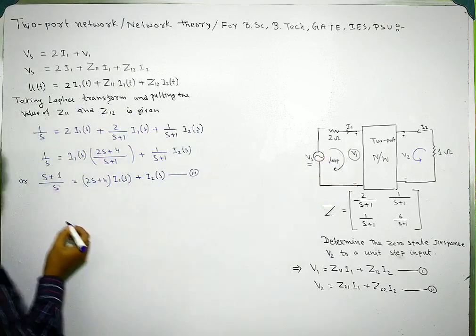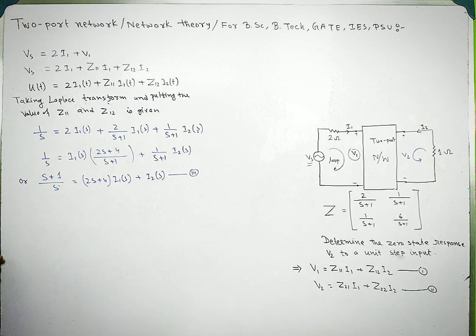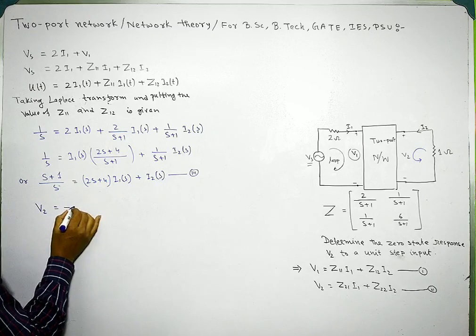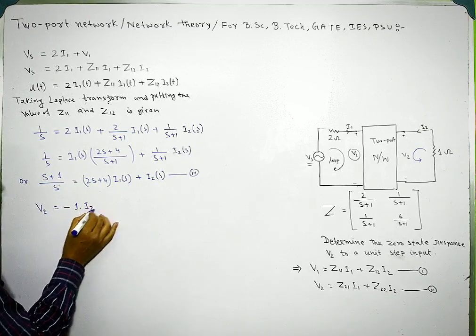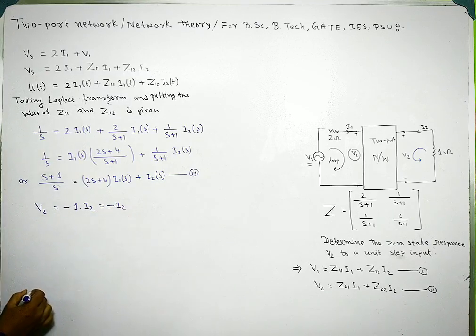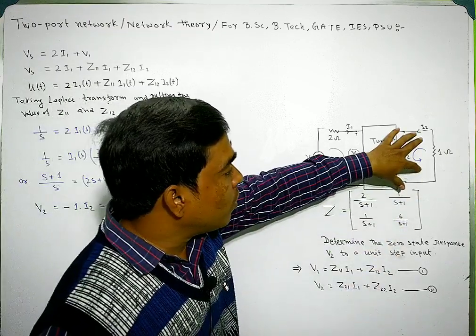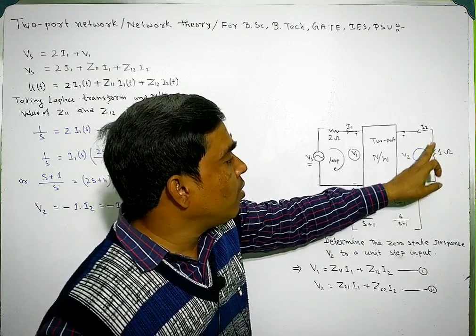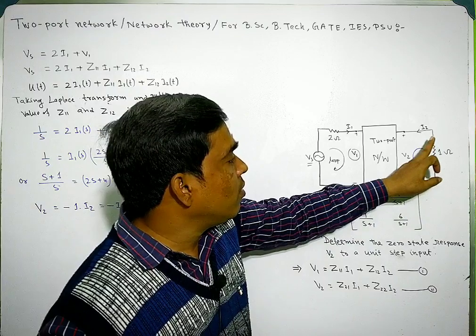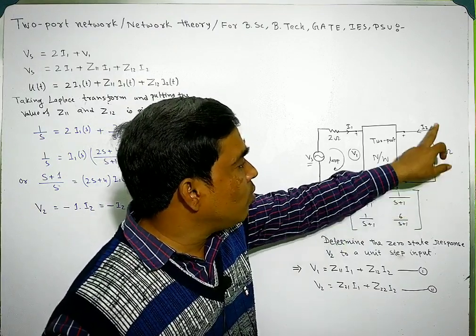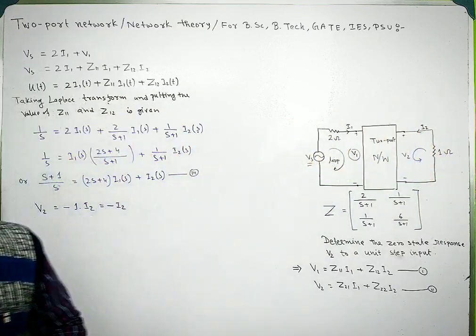From this loop, V2 can be written as V2 equals minus 1 into I2, so V2 is equal to minus I2. You can write it from this equation. This is I1 in this direction, this is V2, with polarity minus plus. So V2 equals minus I2. This is equation number 4.